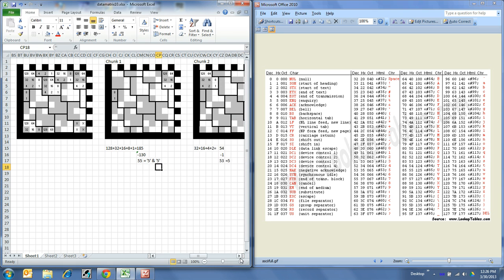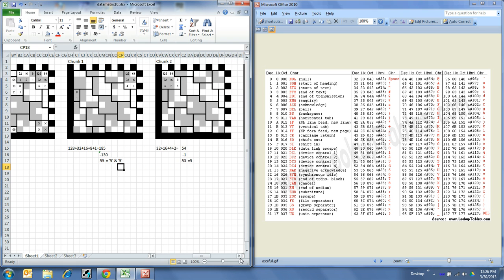Now the second chunk, which is the upper left-hand corner here, has 32, 16, 4, and 2 in it. That totals up to 54. Now it's a value that is less than 129, so we know it's an ASCII value.